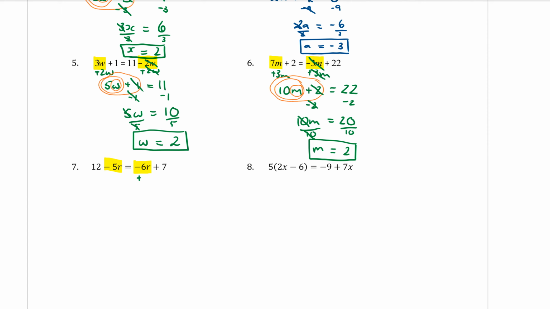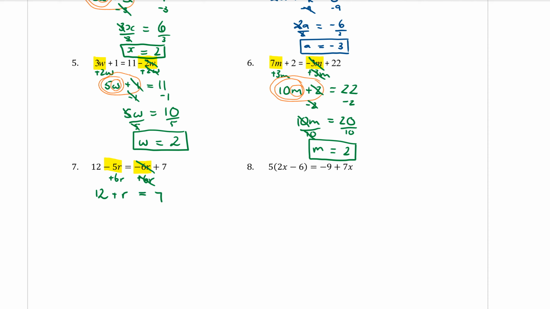Plus 6r. So, what's minus 5r plus 6r? Almost. Positive 1. So it's a plus 1r, or just r, equals 7.